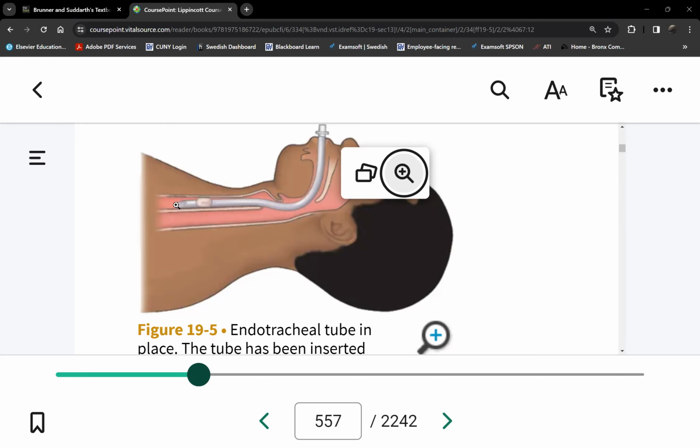Can you picture that? The carina is where the trachea becomes the right and left mainstem bronchi. That's where we want the tip of the tube to be. Why do we want it there?